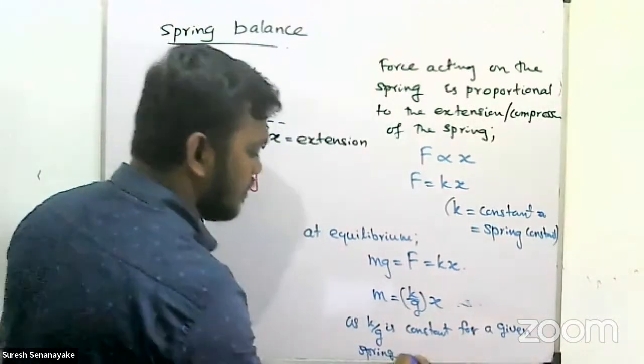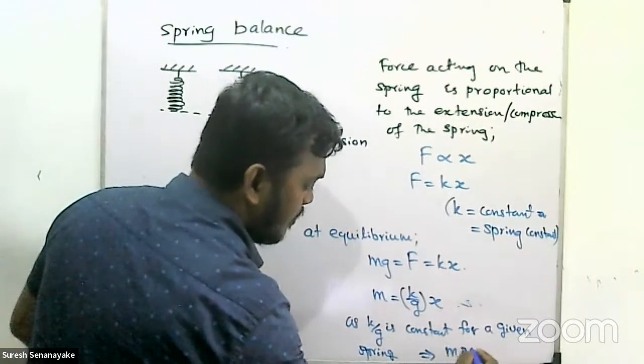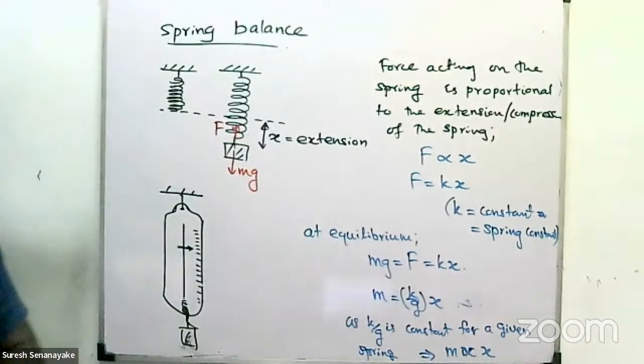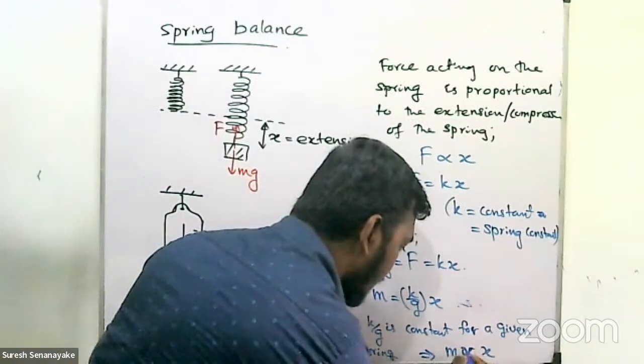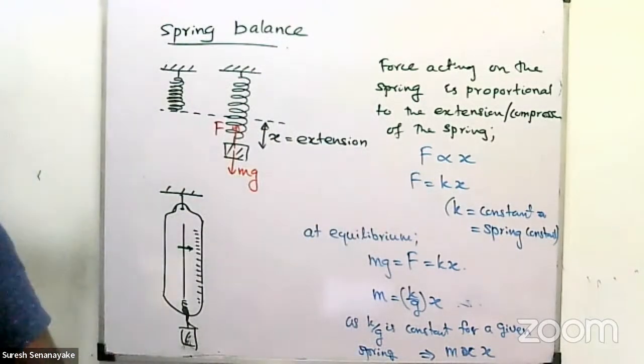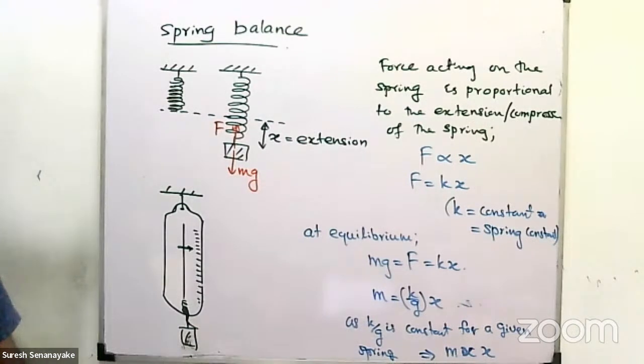Then you can say that the mass is proportional to the extension x. Mass is proportional to the extension. By measuring the extension, you can measure the mass. Alright, so that's the principle behind this spring balance.